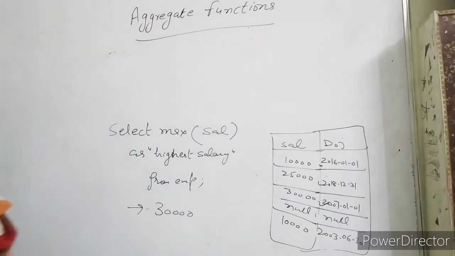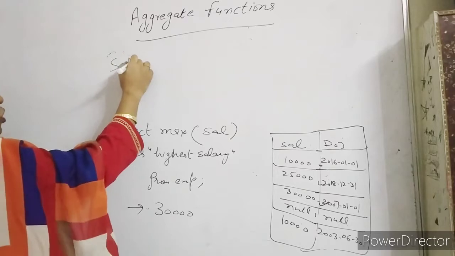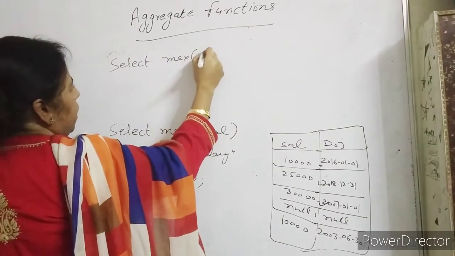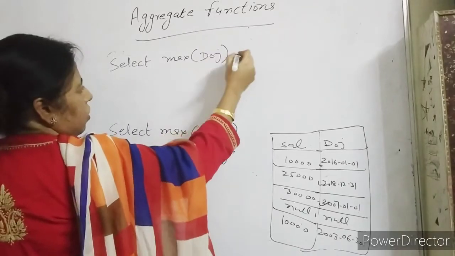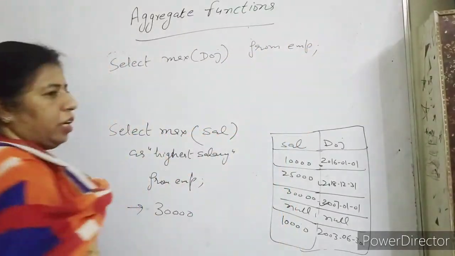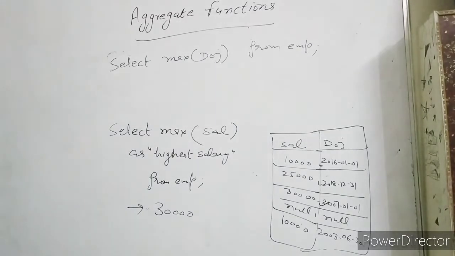Clear? Now I want to display the maximum DOJ. I write MAX DOJ FROM EMP. Write down yourself. What answer you will get? Which is the highest date?